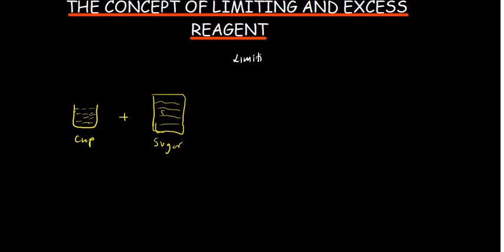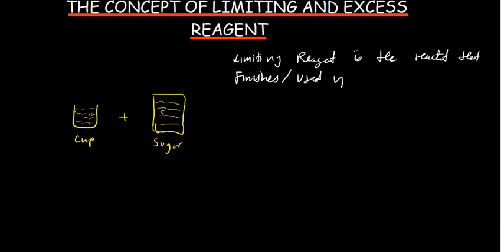Now reagent just means reactant in this case, okay? Limiting reactant. So you're going to say limiting reagent is the reagent that is used up first. Okay, is the reactant that finishes first or is used up first in a chemical reaction.